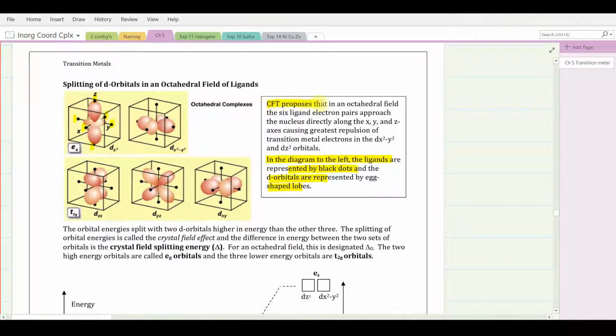Crystal field theory proposes that in an octahedral field, the 6 ligands approach the nucleus directly along the x, y, and z axes. And this would cause the greatest repulsion of transition metal orbitals that lie right along the x, y, and z axes, such as the dx squared minus y squared and dz squared orbitals.